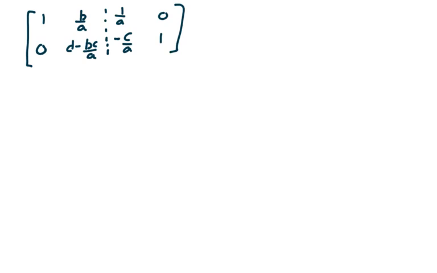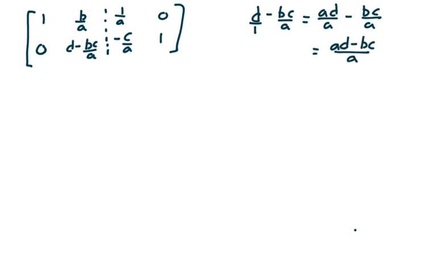Now, let's do a little bit of work here. D minus BC over A. I'm going to make this D over 1. So this is AD over A minus BC over A, and so this is AD minus BC divided by A. So this is 1, B over A, 1 over A, 0.